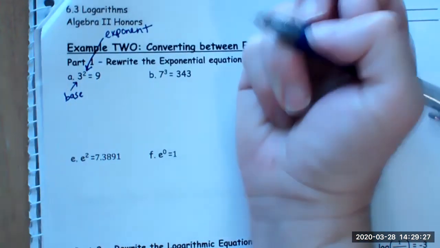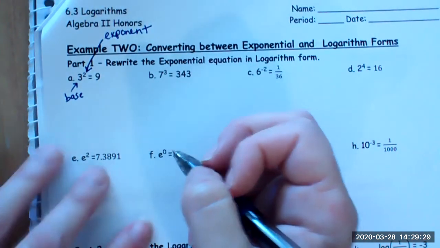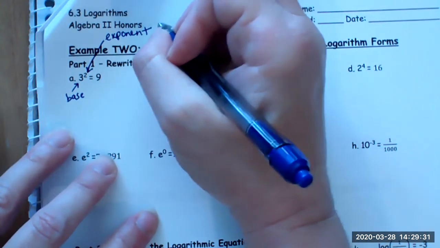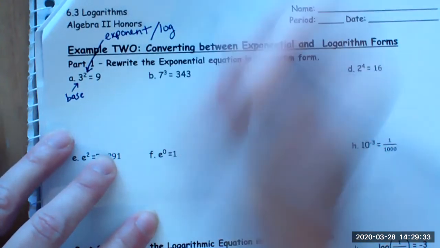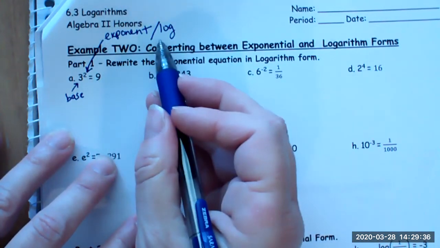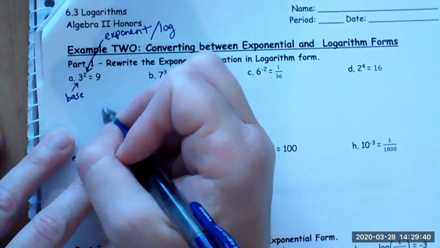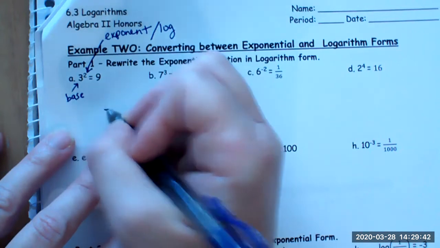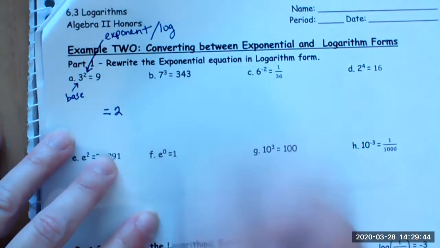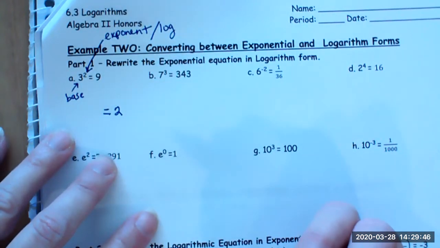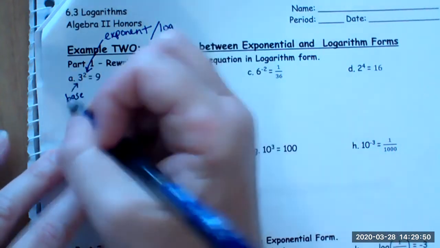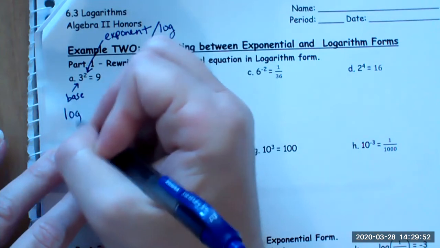Okay. Now, again, the exponent is going to be the same as the logarithm. So if I want to write this in logarithmic form, I know that I want to get 2 by itself. So that's the number I already know is going to be by itself on one side of the equation. I also know that my base is going to remain the same.